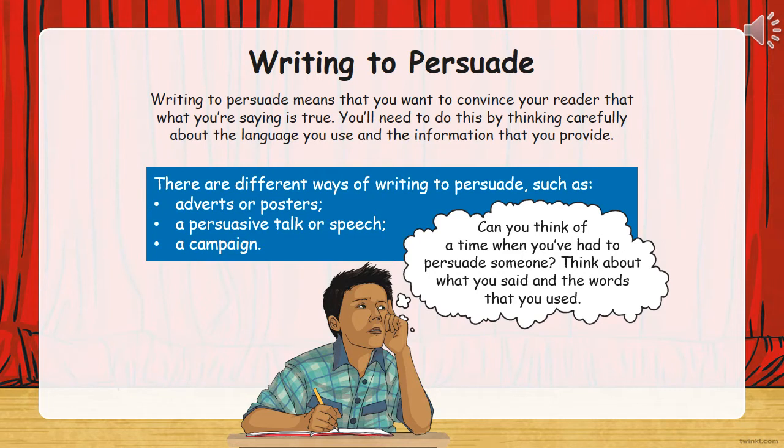There are different ways of writing to persuade, such as adverts or posters, a persuasive talk or speech, or a campaign. Can you think of a time when you've had to persuade someone? Think about what you said and the words that you used.